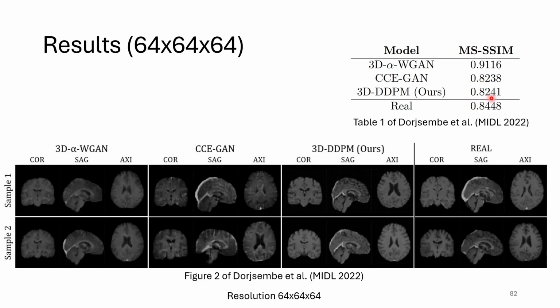So what does it mean? For the real images, the value is around 0.84, and their result is 0.82, which is closer to the real distribution. If you assume the MS-SSIM here is just the standard distribution, and we have two distributions, the level of clustering of them is more similar to each other.